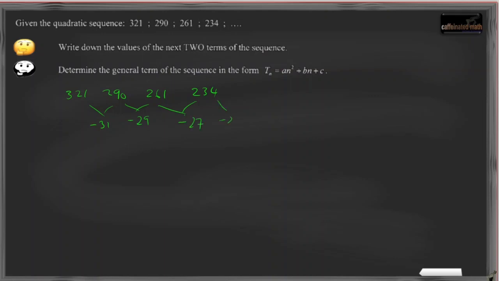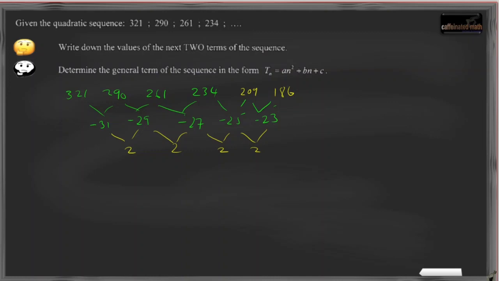So that's obviously going to be minus 25, gets us there, and then the next term is going to do minus 23. So in answer to that question, we'll have 209 and 186. Might as well complete the sequence and see that the second difference is equal to positive 2, positive 2, positive 2, right through.